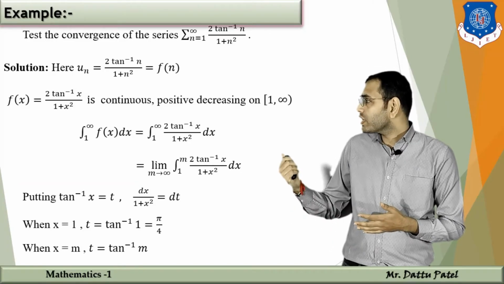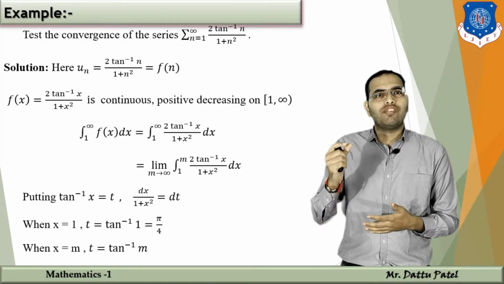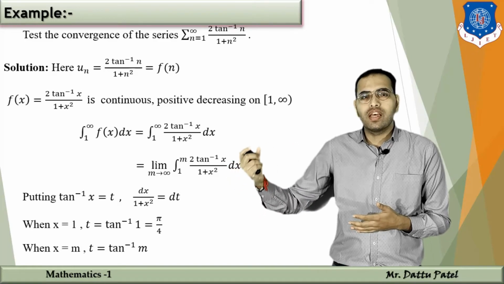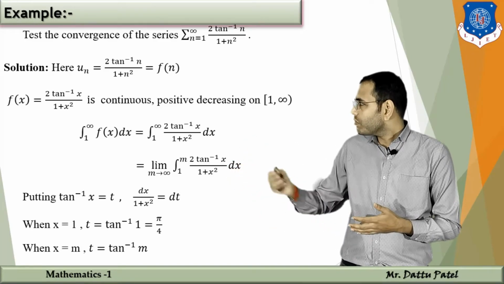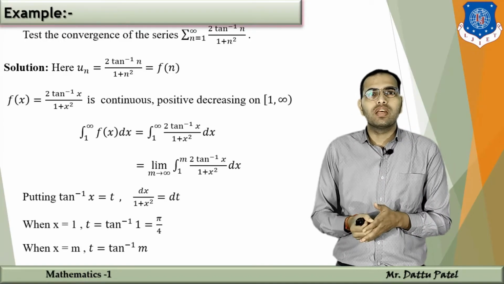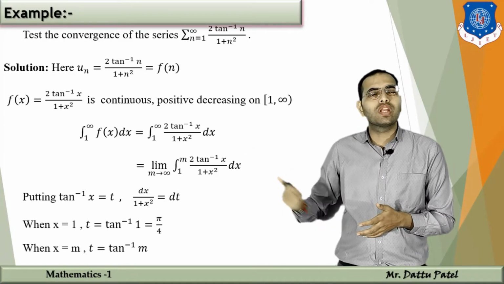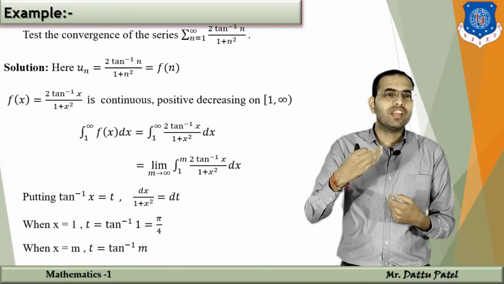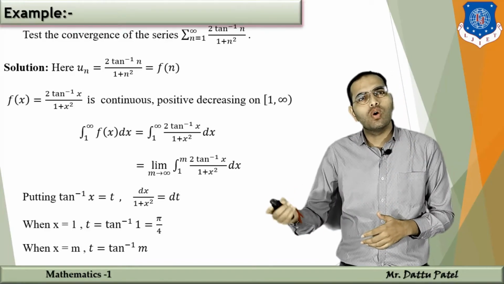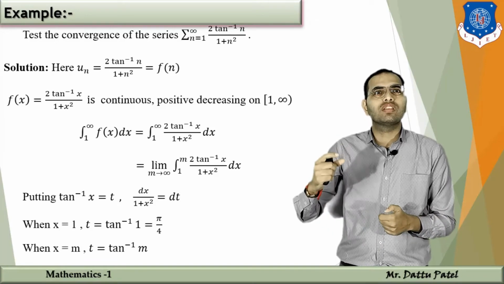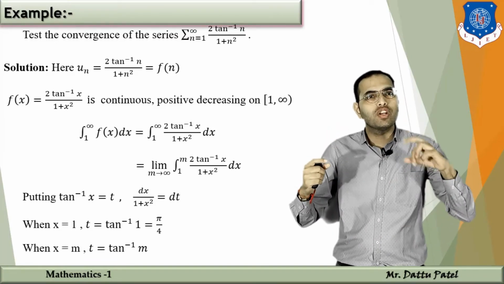Here we have the integral formula, integral f of x into f dash of x dx. Also we use the substitution method. Here I have taken the substitution tan inverse x equal to t, which is assumed. Now the derivative of that term means 1 upon 1 plus x square dx equal to dt. Now the range of x is 1 to m.